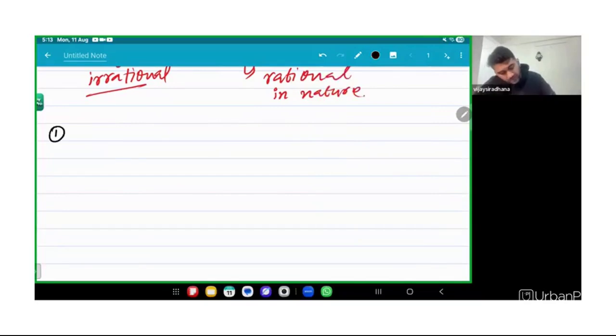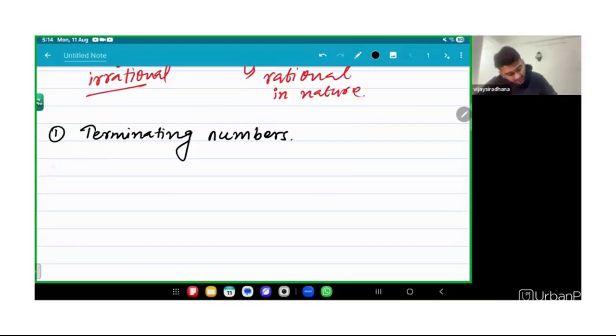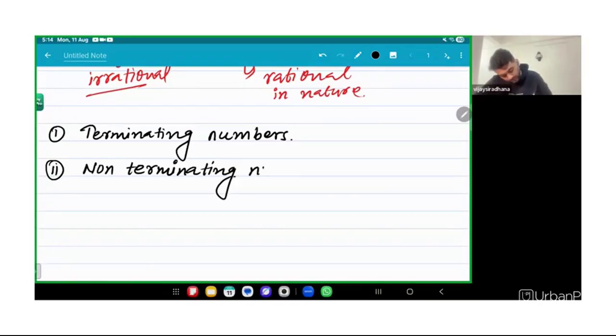The first one is terminating number. The second one is non-terminating number.